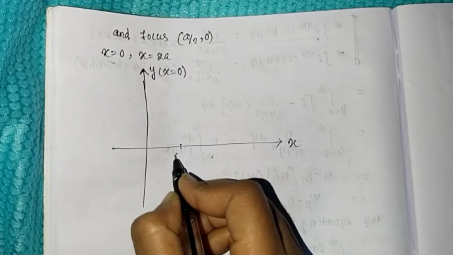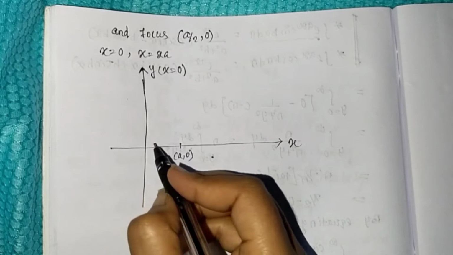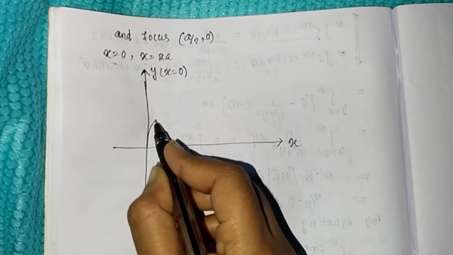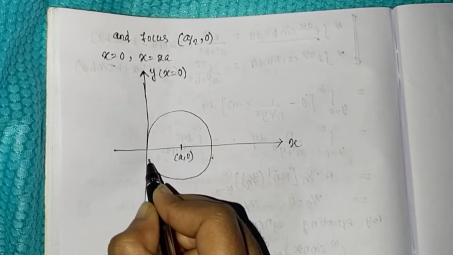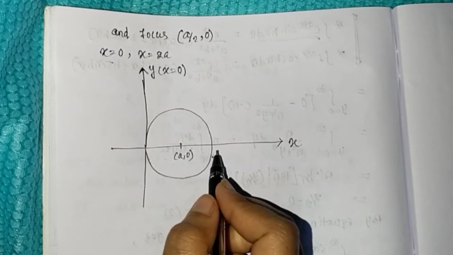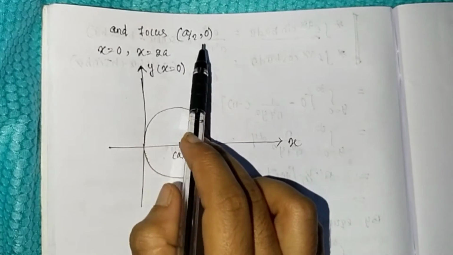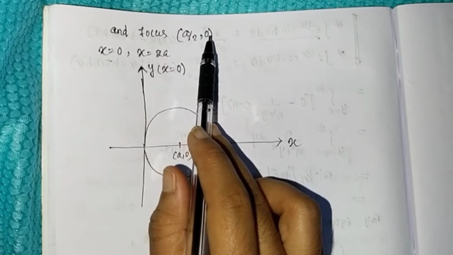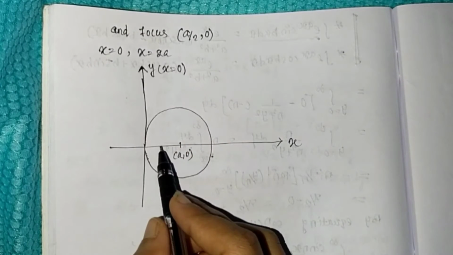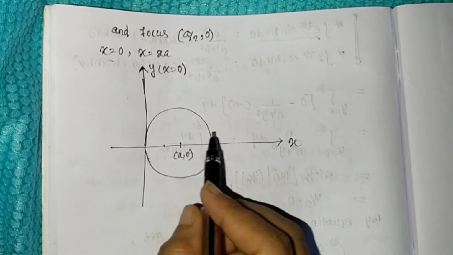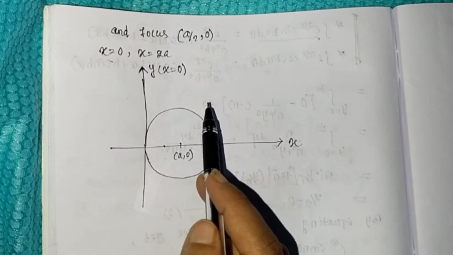Suppose that is our center a, 0. So this is the radius a. So draw the circle whose center is a, 0 and radius is a. Then we see one parabola whose vertex is 0, 0 and focus is a by 2, 0. So a by 2, 0 is this. So our parabola is y square equal to 2ax.